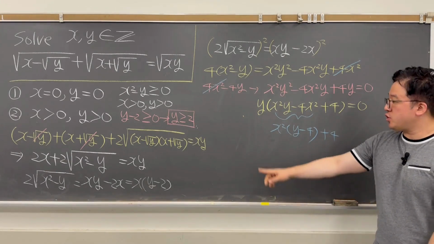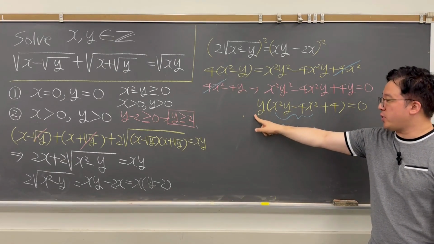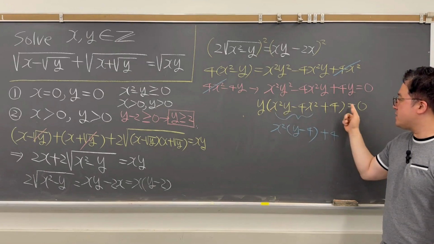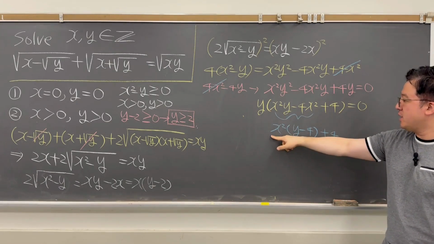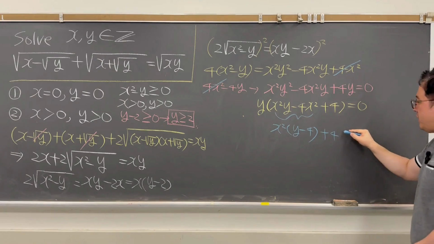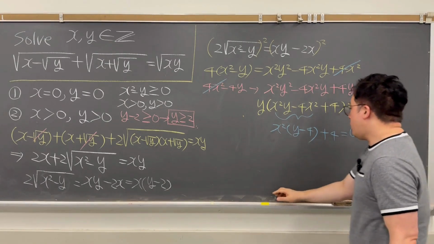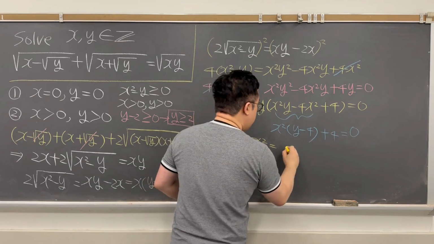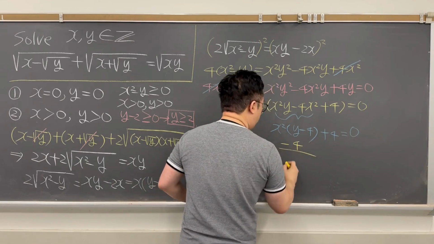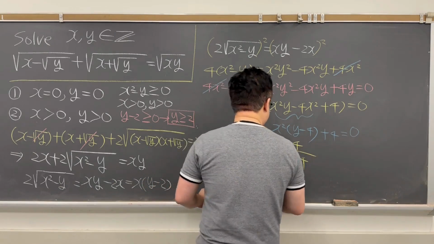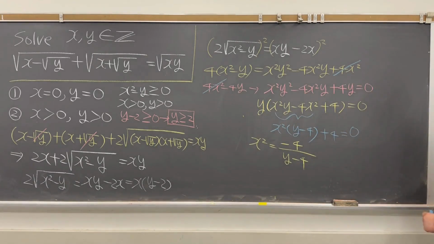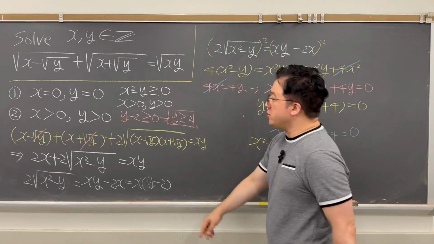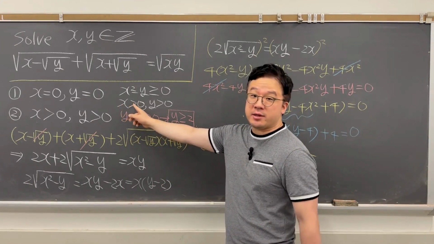Since, once again, we already assumed that your y is strictly greater than 0, that means this parenthesis should be equal to 0, which means this whole expression should be equal to 0. That also means your x squared should be equal to negative 4 over y minus 4. Okay, so from this, since we also assume that your x is strictly greater than 0, right?